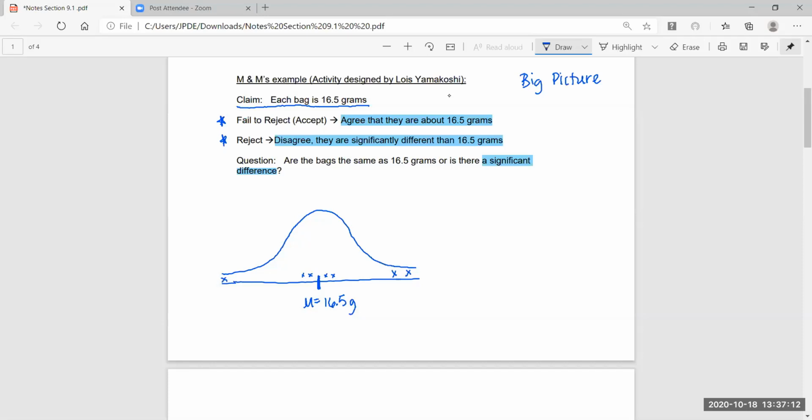So when we get to the point that we're analyzing our sample data here, we would look at, okay, is it in the middle here? Is it close to that mean? Or is it significantly higher or significantly lower? And when you look at that, it kind of looks like a confidence interval a little bit, right?